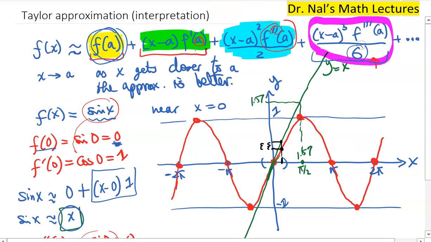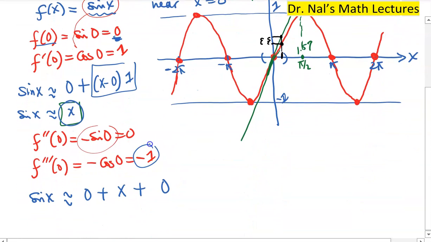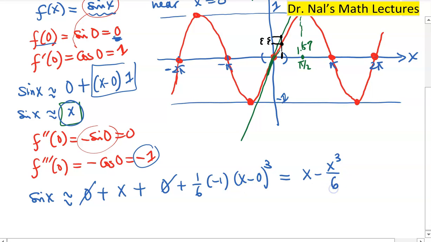We should start with 1/6, multiply it by x minus a cubed, and then multiply it by f triple prime of a, which is minus 1, right? So plus 1/6, we have that minus 1, and then x minus 0 cubed. Do you guys see that? So these two zeros we can just get rid of them. So it is just x minus x cubed over 6.